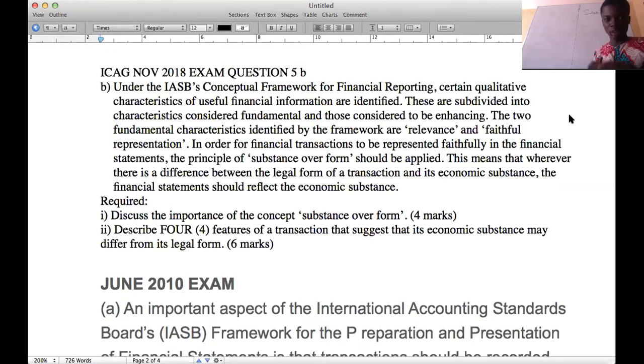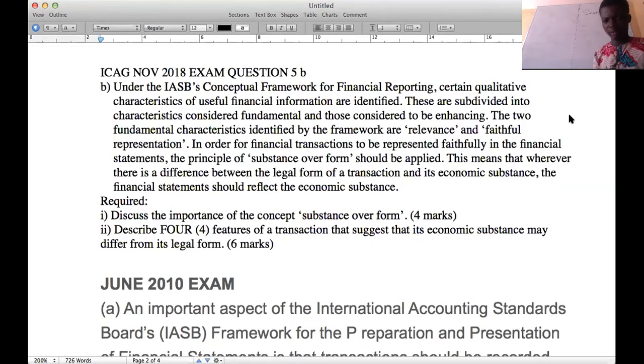Enhancing. Two fundamental characteristics that we mentioned under the conceptual framework part 1. So please, if you don't have it, go for it and you'll be saved there. The two fundamental qualitative characteristics identified by the framework are relevance and faithful presentation.